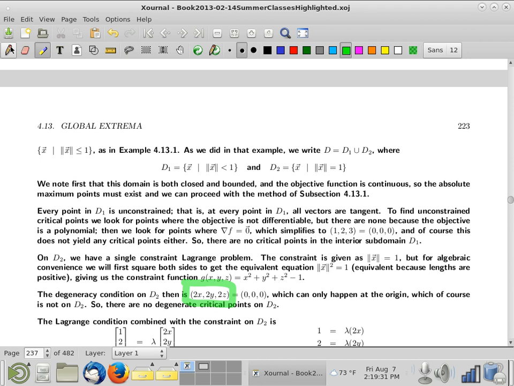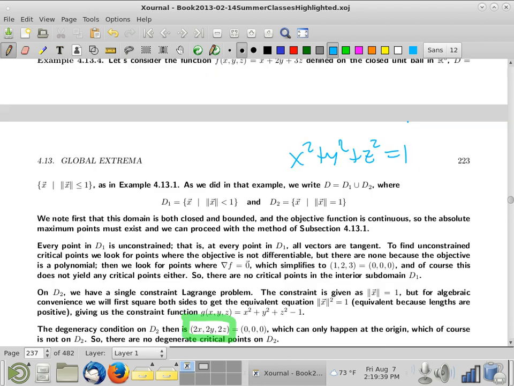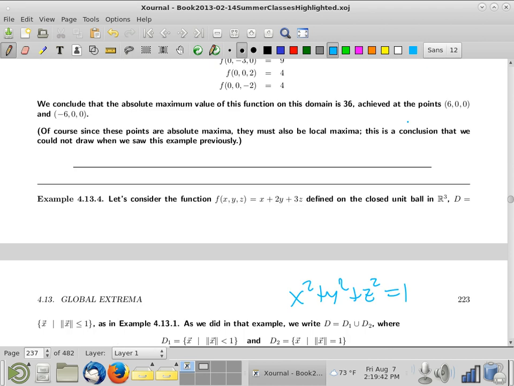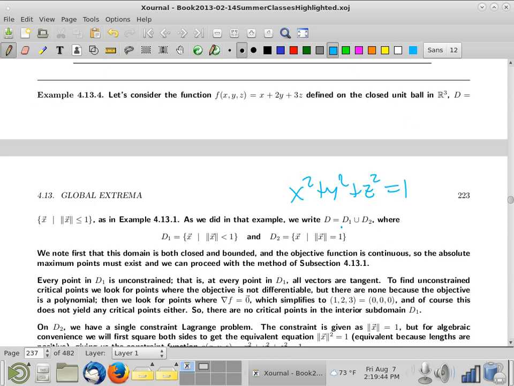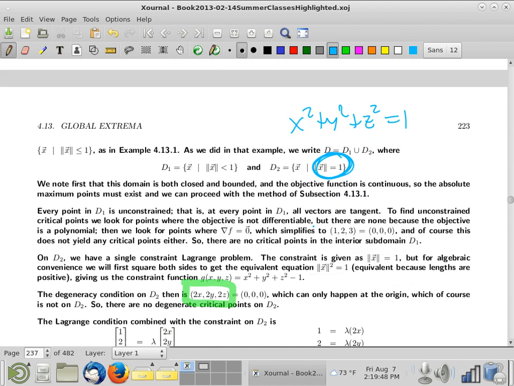Let's rewrite our constraint equation as x squared plus y squared plus z squared equals 1. That's equivalent to this constraint. And so this constraint gradient, where is it equal to 0?